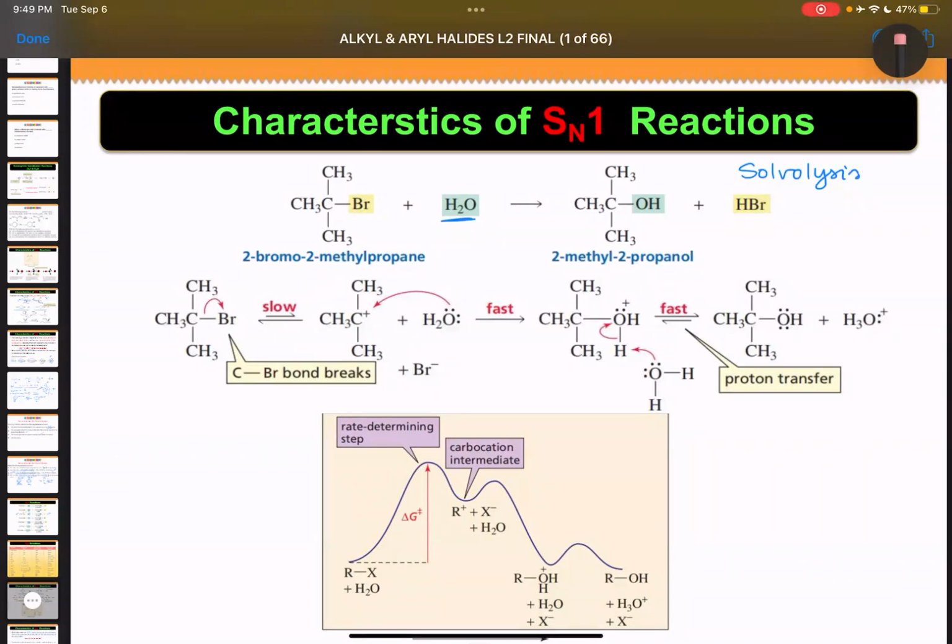Actually it is called solvolysis because the nucleophile molecule is none other than the solvent itself. Clear? So that's why it is called solvolysis reaction.